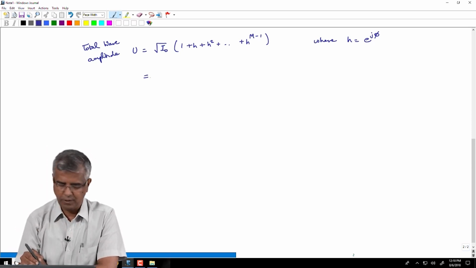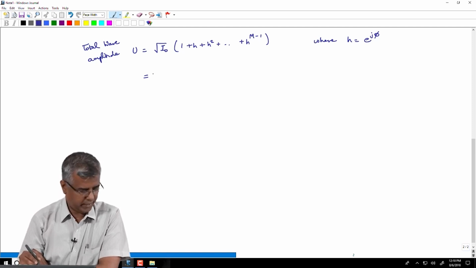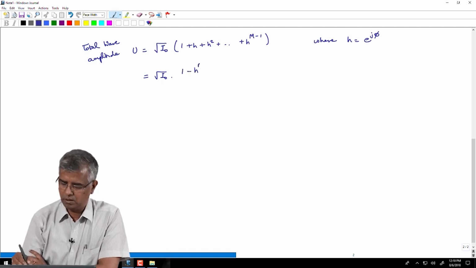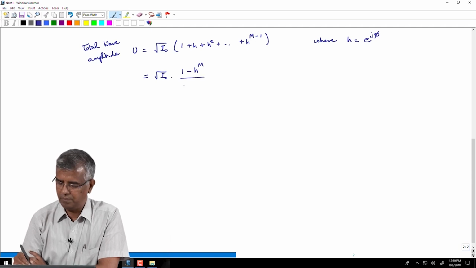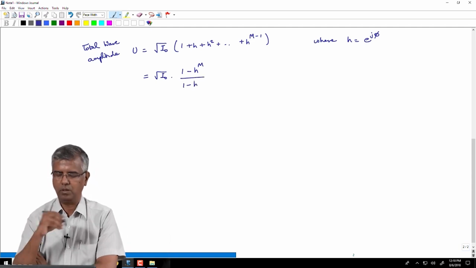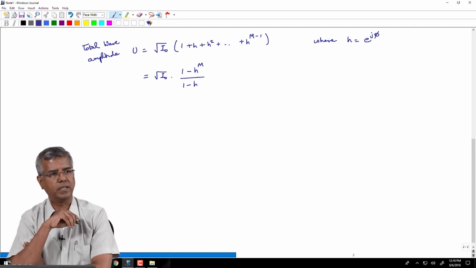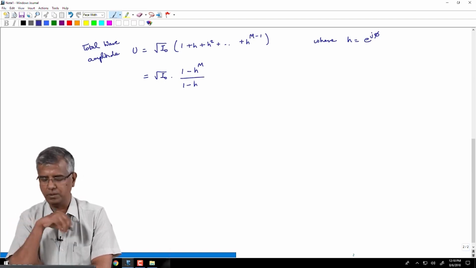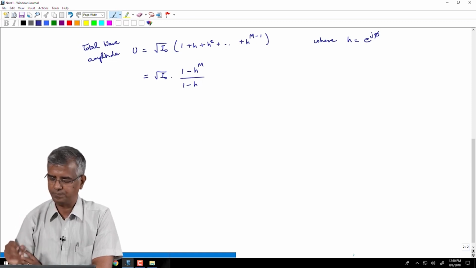Now, if you simplify this, you get an expression which is 1 minus h to the power of M divided by 1 minus h. That is just a geometric series whose simplification yields this term.